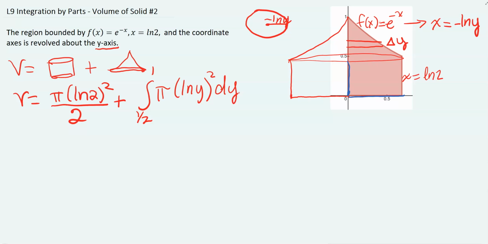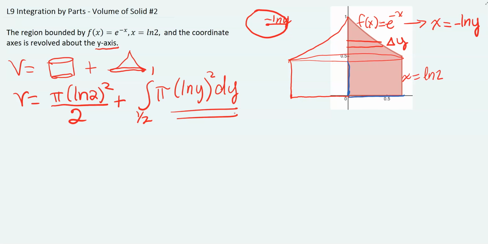Now, if I want to do that using volume by slicing, you will see that this is something we have seen in the previous video. So that's kind of boring, doing the same thing over again.